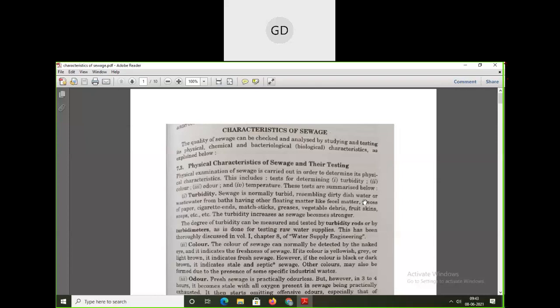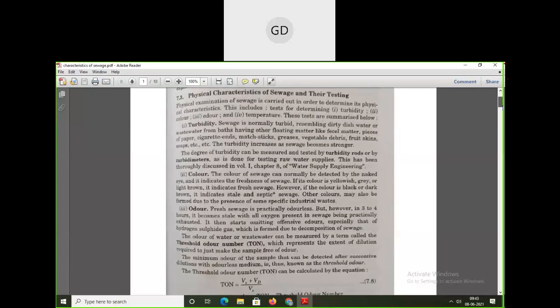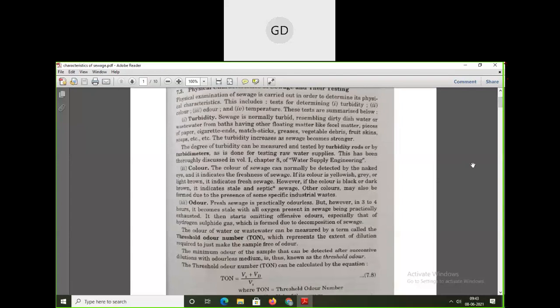When you wash the dishes, you get wastewater, and the same from your bathrooms. In the wastewater you also have vegetable oils, matchsticks, greases and soap water. All these things show that the water is highly turbid.